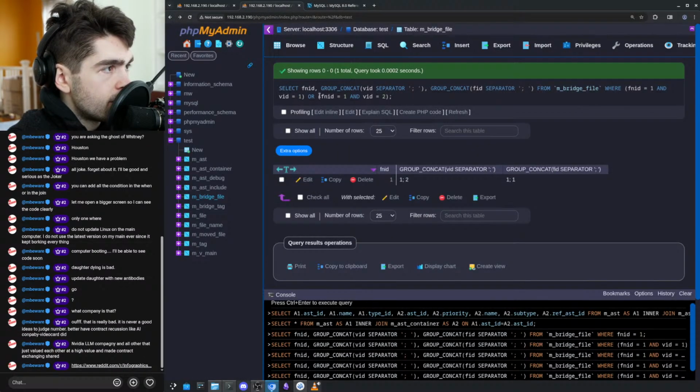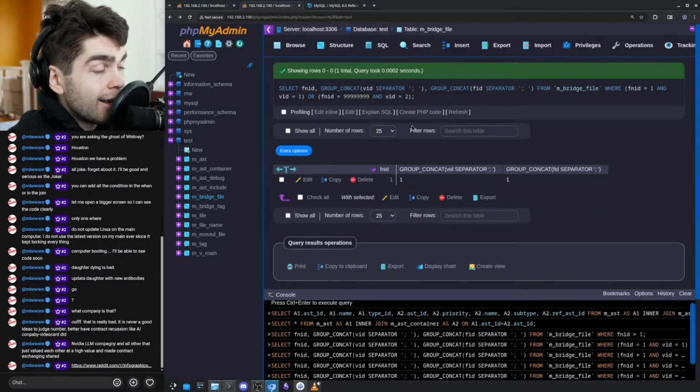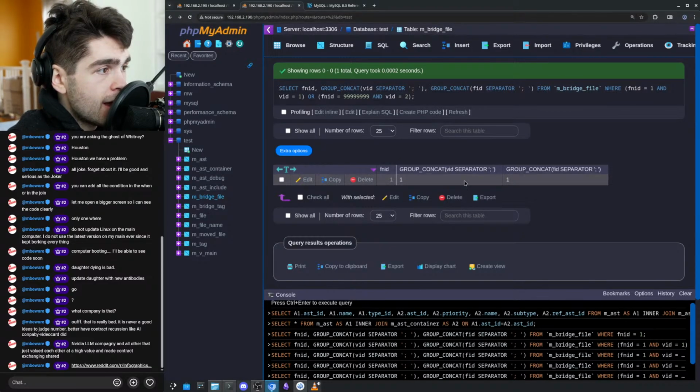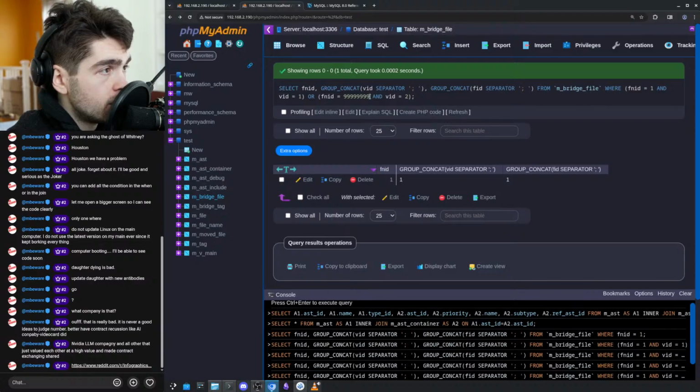That means that let's say I put an FNID that doesn't make sense here. Then it's going to give me that result, and that doesn't make sense. I don't want that. I want null. If we get that back, I want null. There must be a way to do this within SQL.